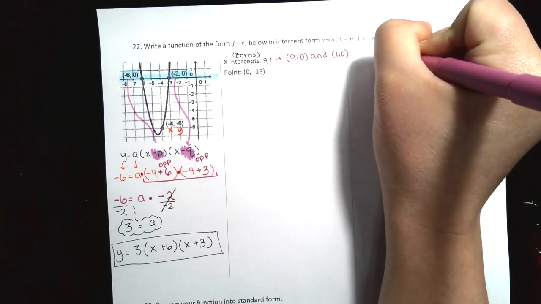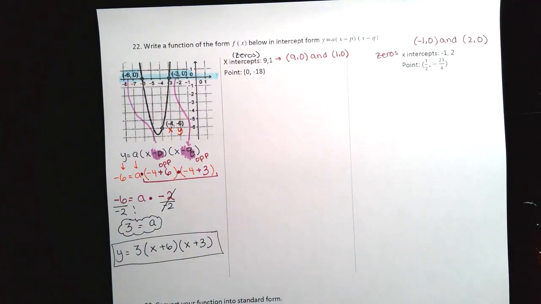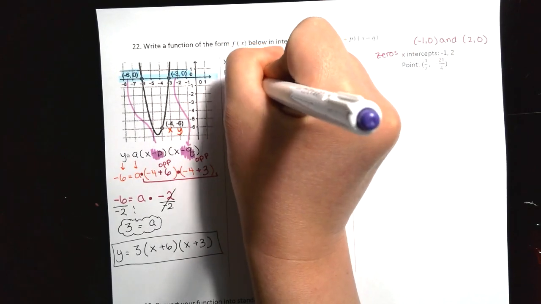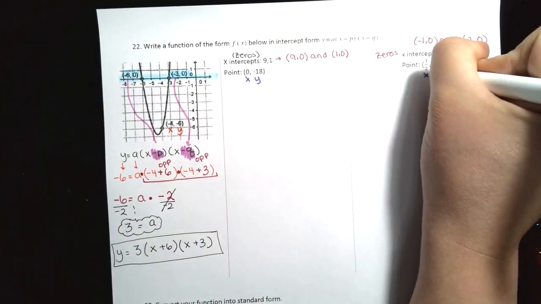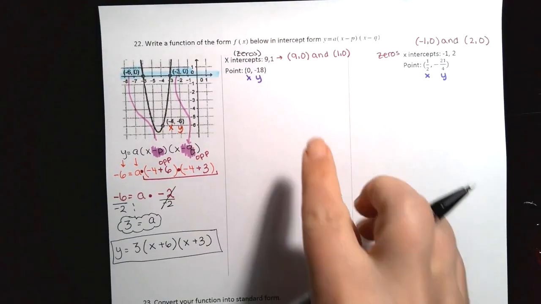Again, sometimes they call them zeros. Sometimes they call them x-intercepts. Sometimes they even call them roots, R-O-O-T-S. We label them here, x, y, for our point. And I'm kind of doing both examples at the same time, which is weird. Let's not do that. Let's focus on this middle one.